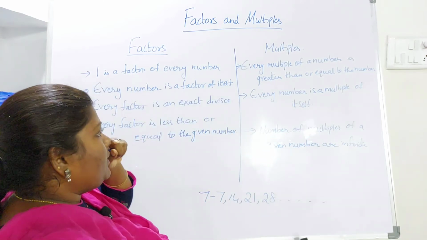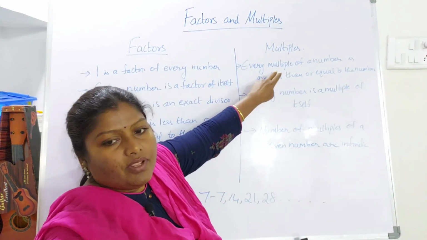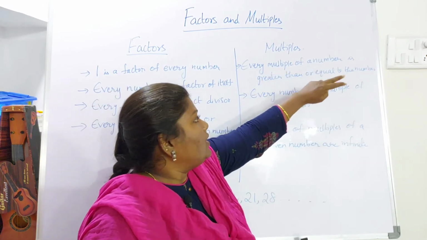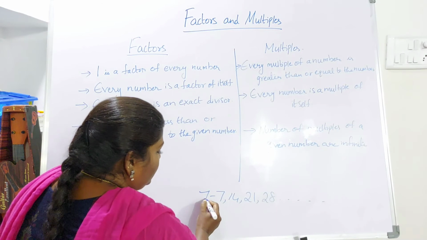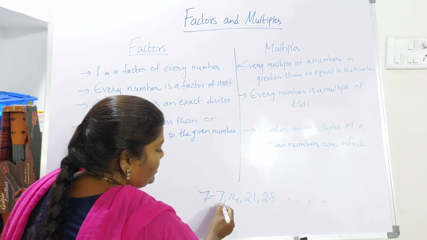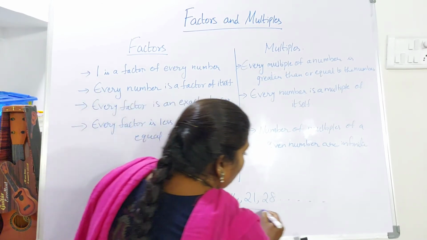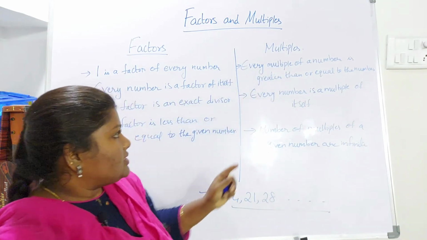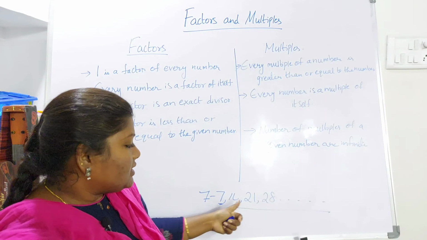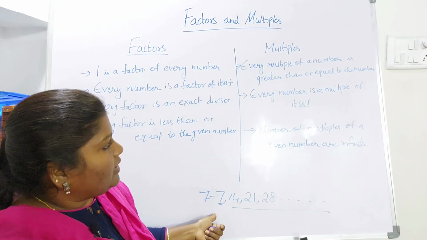You can see here the first multiple of a given number is equal and all the remaining multiples are greater. So every multiple of a number is either greater than or equal to the given number.